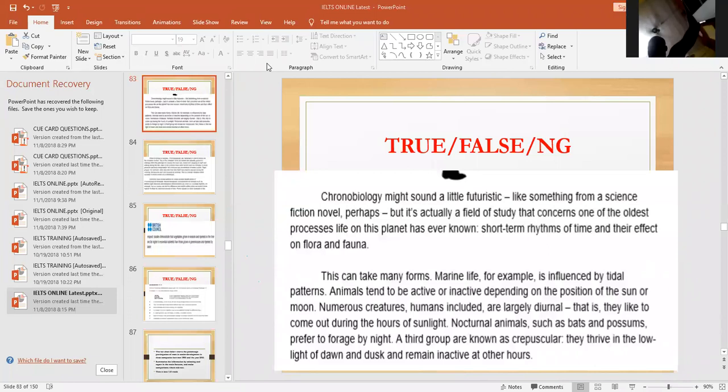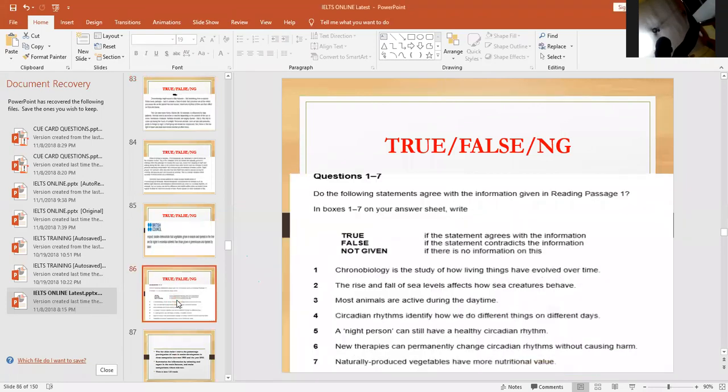False. Actually, that's correct. It is false, because it was trying to define chronobiology just the same way the passage was trying to define it. But this gave a wrong definition.